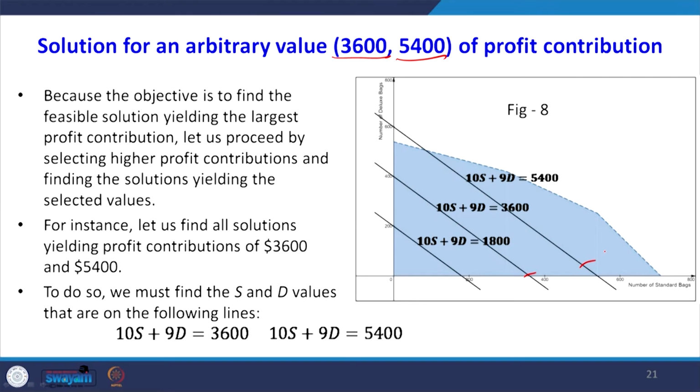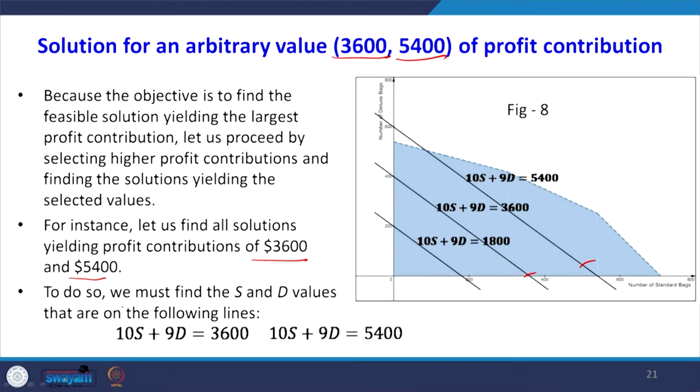Because the objective is to find the feasible solution yielding the largest profit contribution, let us proceed by selecting a higher profit contribution and finding the solutions yielding the selected value. For instance, let us find all solutions yielding profit contributions of $3,600 and $5,400.